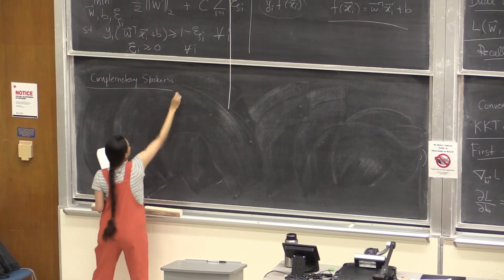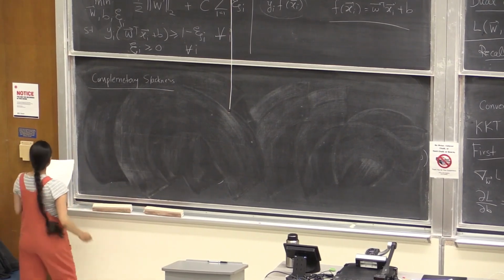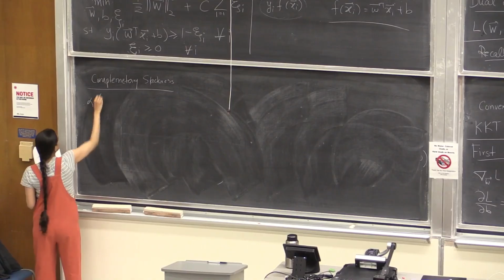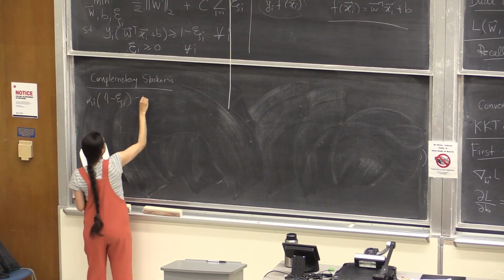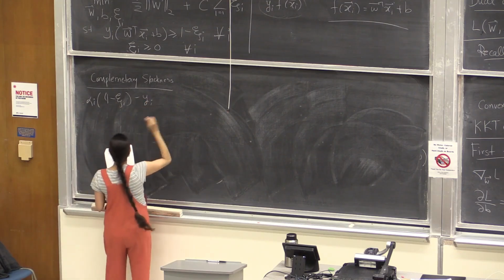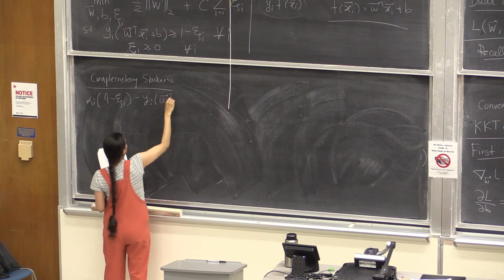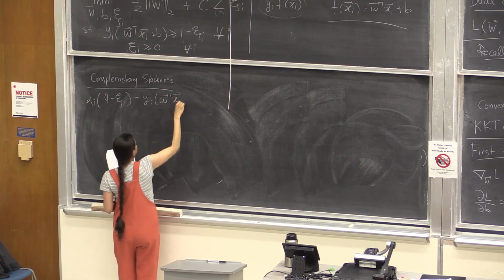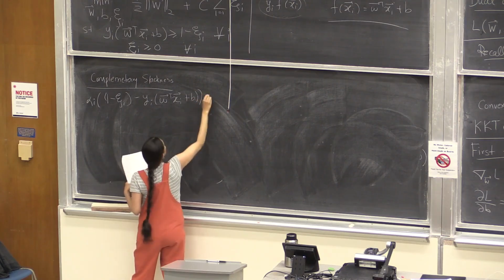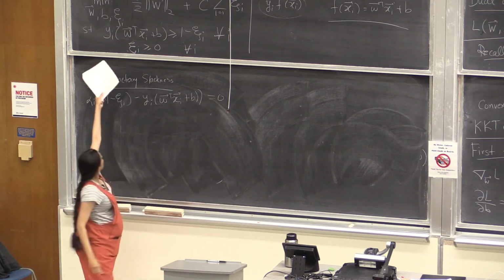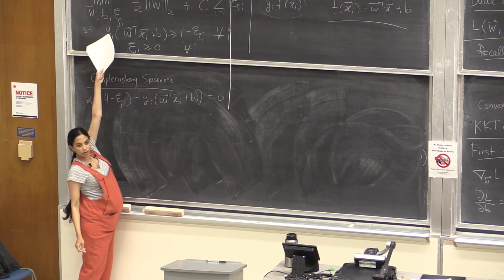So let's write these out. We have that alpha i times (1 minus psi i minus y i times ...), right? That's the thing corresponding to this first constraint.